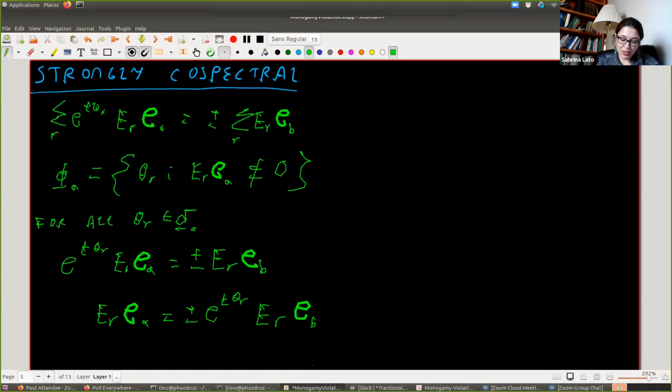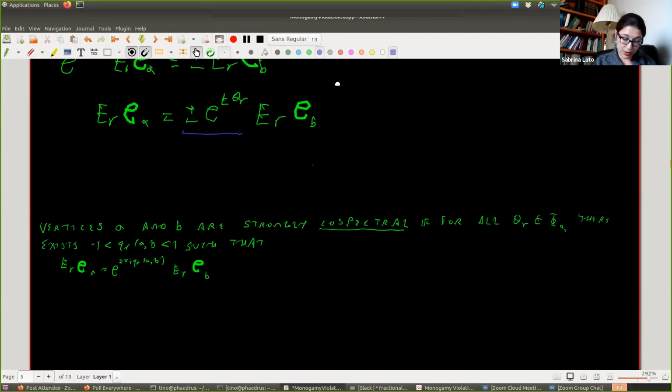The thing we really care about here is that this is just some complex number of norm one. If we know more about the quantum walk, then we know what this time t is and what that is. But if we don't know that, all we know is that the spectral idempotent of R applied to A must be some phase factor or some complex number away from the idempotent applied to the characteristic vector of B. And that is a property of the graph and the corresponding matrix that was chosen.